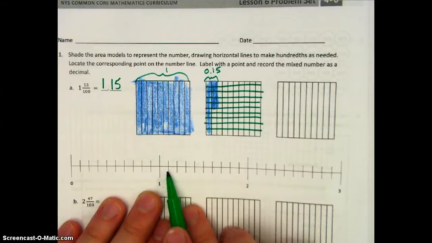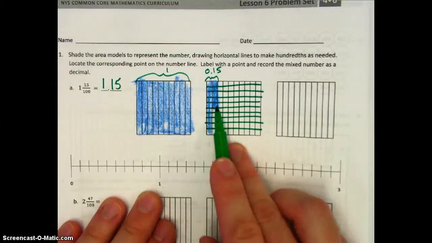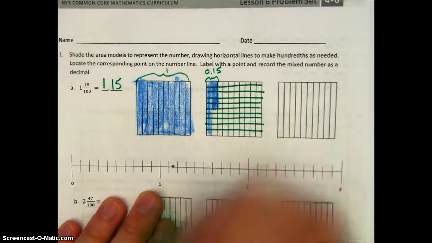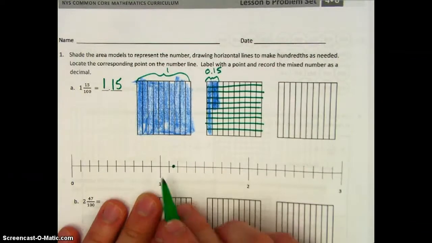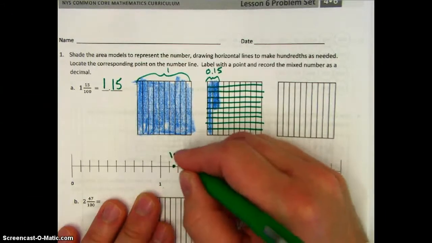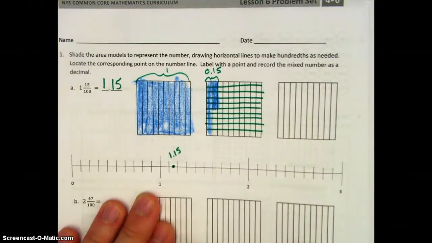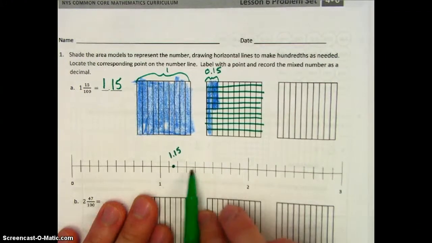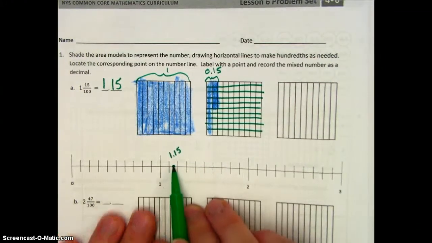So what we need to do is go to 1 tenth, but because we have 5 more hundredths after that, that means our number is right there. It's between 1 and 1 tenth and 1 and 2 tenths. So then we could label this as 1 and 15 hundredths. Okay? Because these are tenths, we have to go in between.